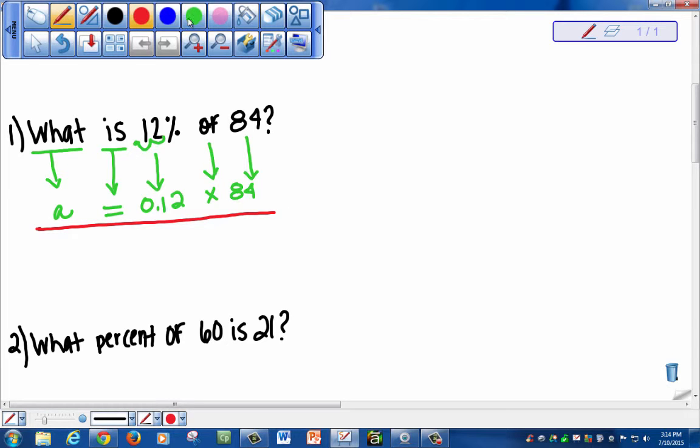Now we need to find the value of A. To find the value of A, we have to multiply 84 times 0.12. I'm going to do it quickly right here on the side. 2 times 4 is 8. 2 times 8 is 16.